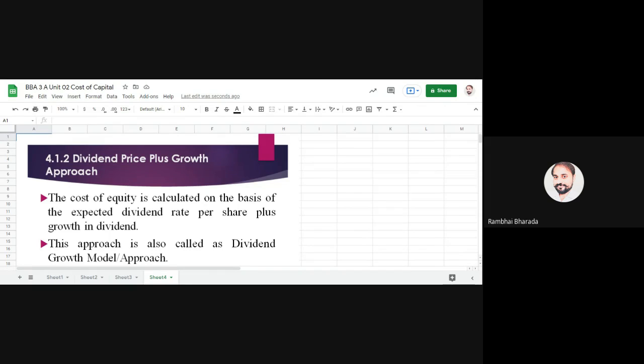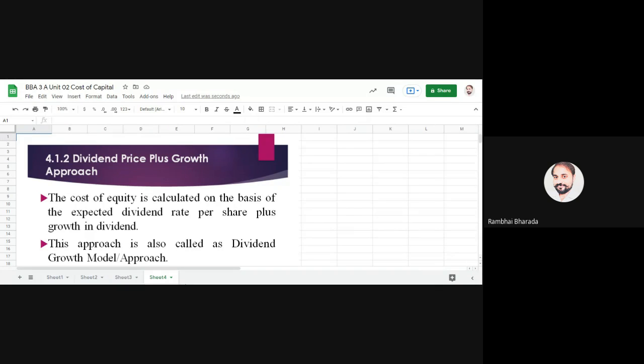Why growth in dividend? Suppose a company is declaring a dividend every year, it means simply the company is growing up, expanding the business, and as the business expands, as the company grows, the income of the company will increase. Are you agree? As the company's business grows, the income will increase. Once the income increases, ultimately it will increase the dividend.